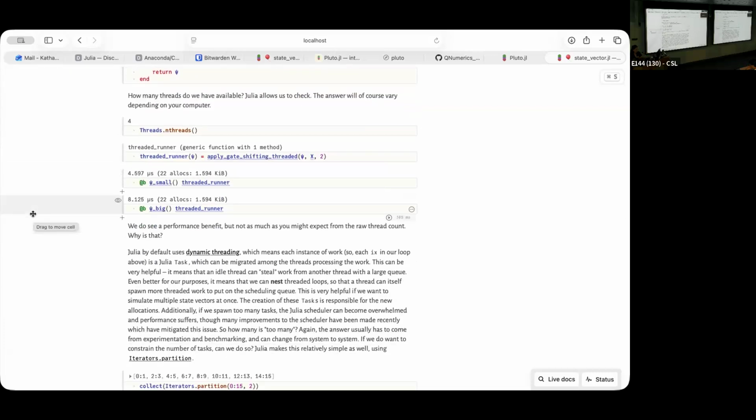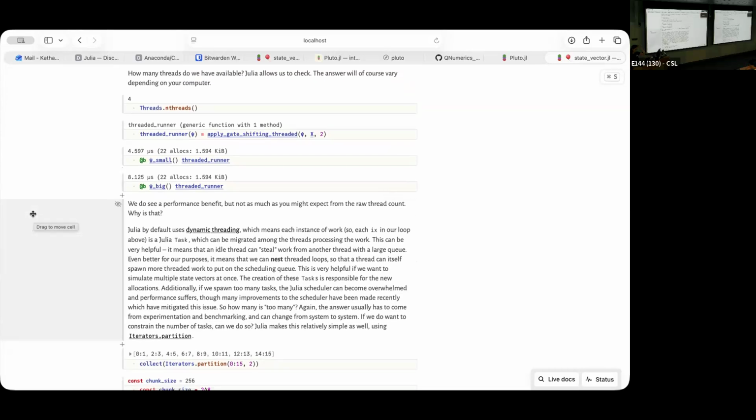One advantage of using the dynamic threading, and I think this is something really nice about Julia, is that you can nest threaded loops. You could have an outer loop that's threaded and then an inner one that's also threaded. If, for example, you were trying to simulate multiple state vectors at once, like some sort of ensemble calculation with 200 state vectors, you could thread both the outer computation and the internal gate applications, and the scheduler will just start sending pieces of work to threads as they become available.